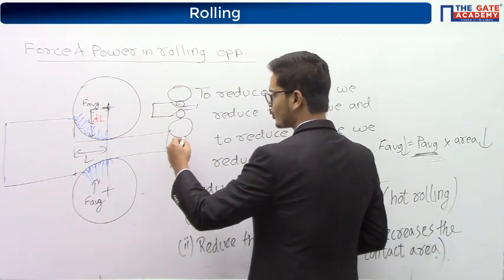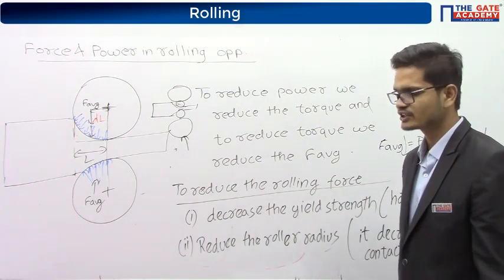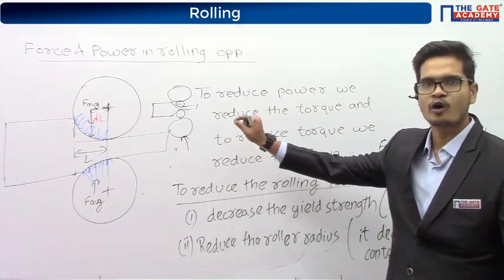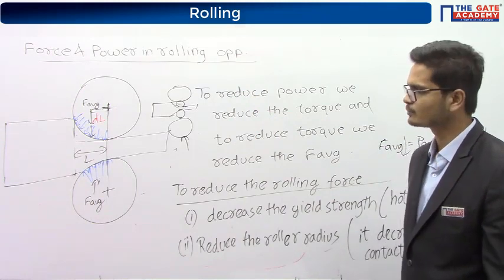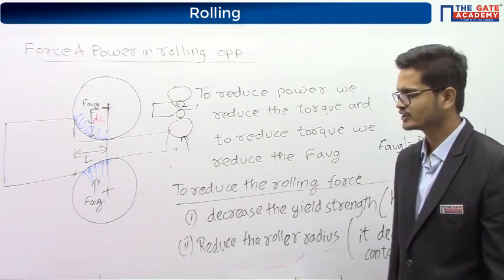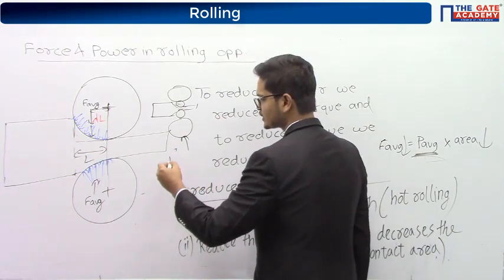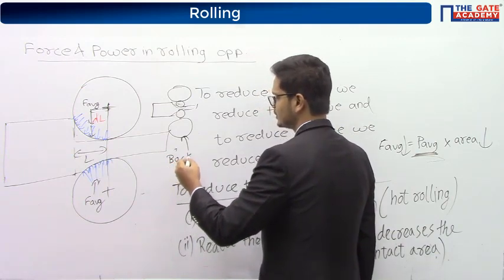This external support is given in the form of bigger rollers called as backup rollers.